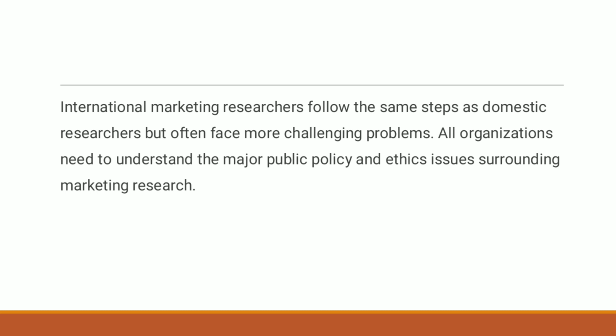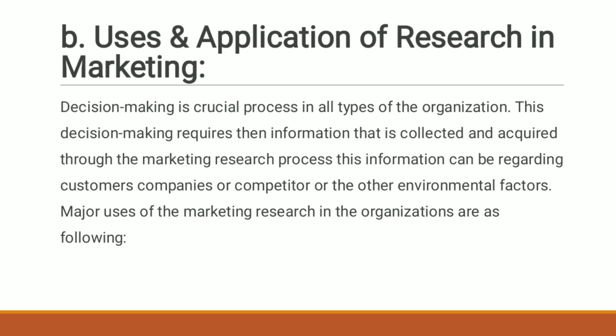surrounding marketing research. Applying research in marketing decision making is a critical process in all types of organizations. This decision making requires information that is collected and acquired through the marketing research process.